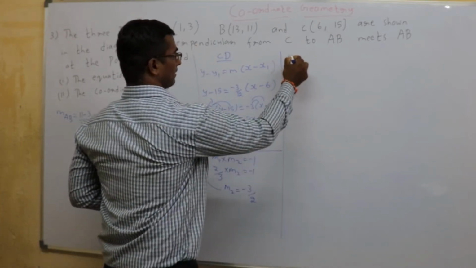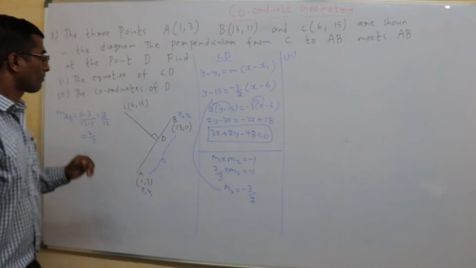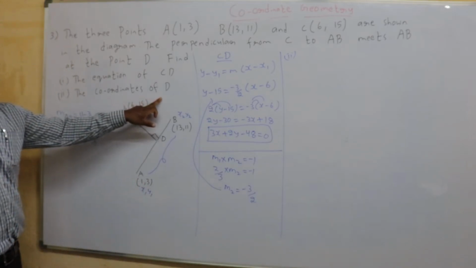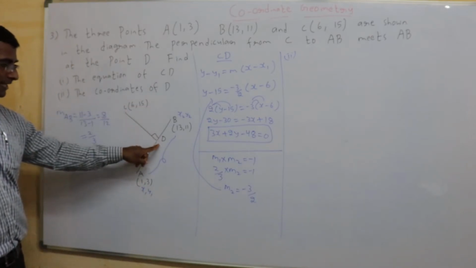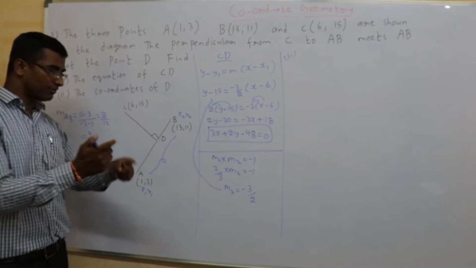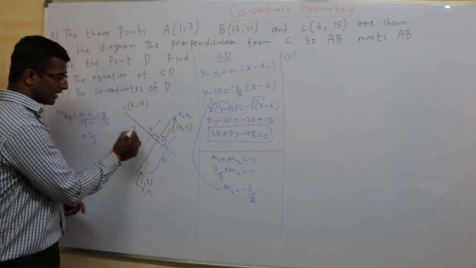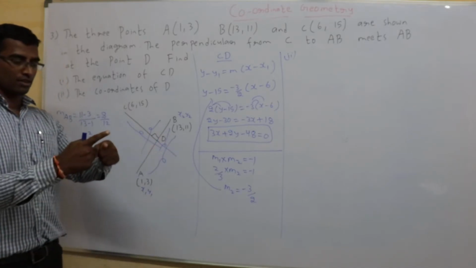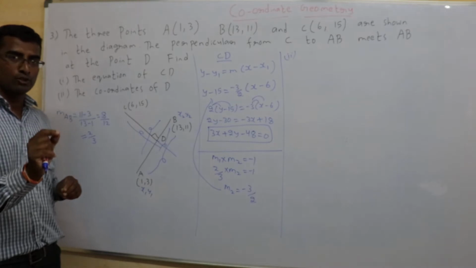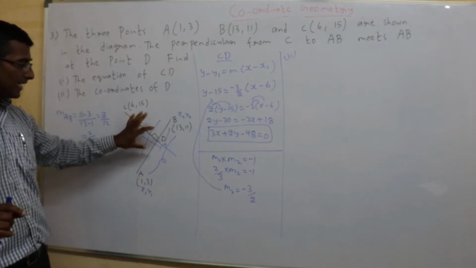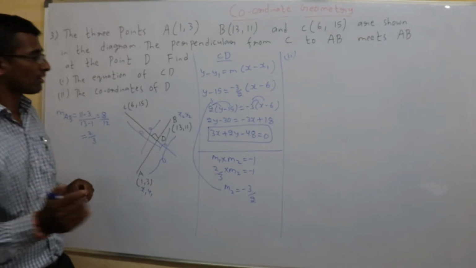Now second bit. The coordinates of D. As you can see, D is the intersection of these two lines. This line and this line. So to get the intersection point, you need to solve these two line equations.